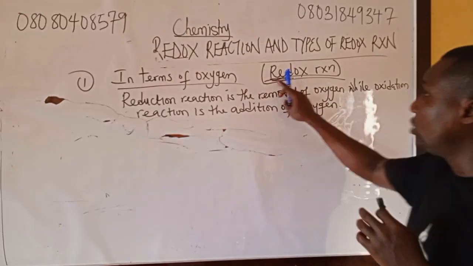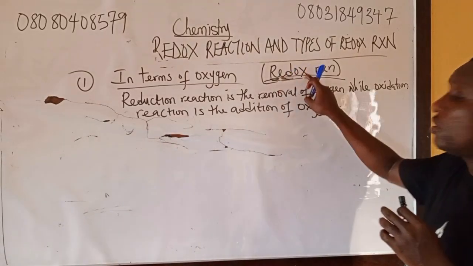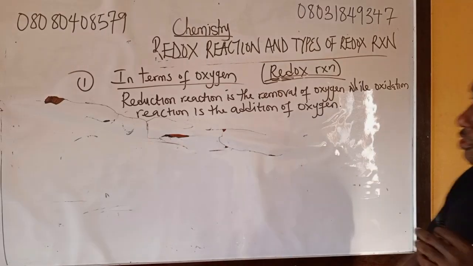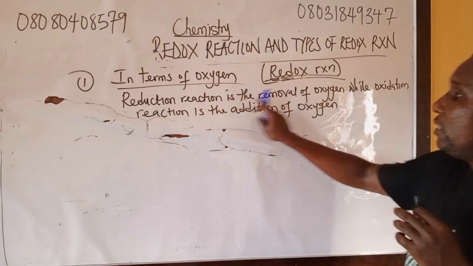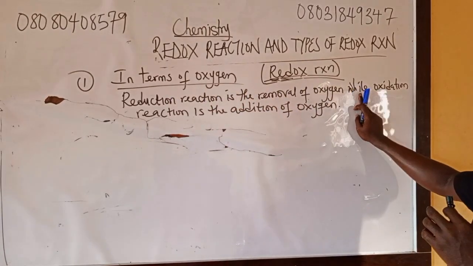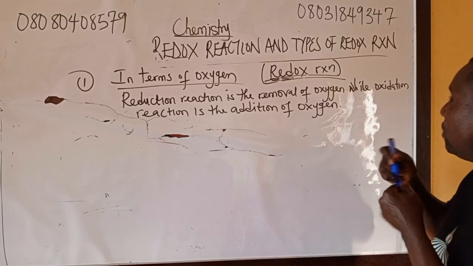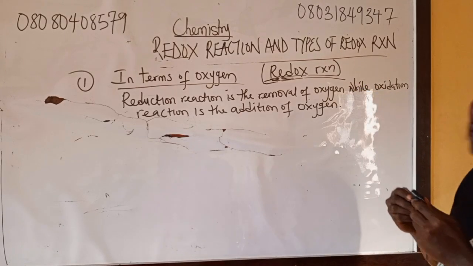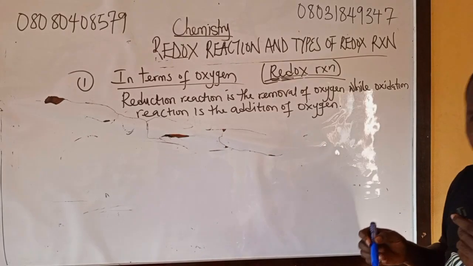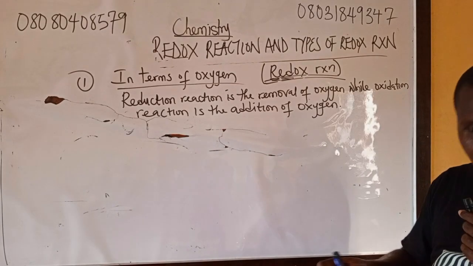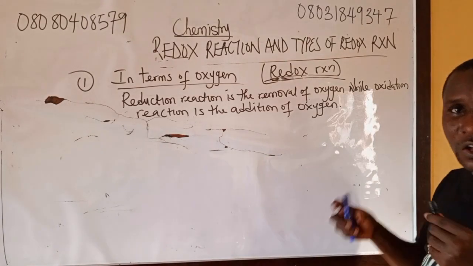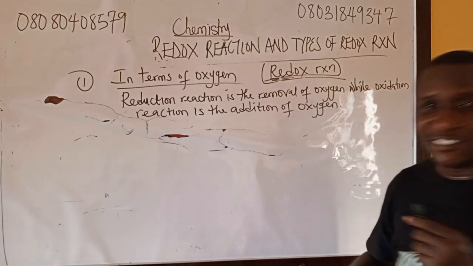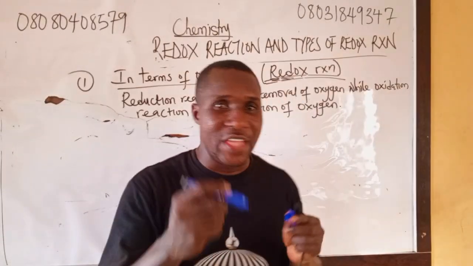I want to define redox reaction, that means reduction oxidation reaction, in terms of oxygen. Reduction reaction is the removal of oxygen. Oxidation reaction is the addition of oxygen. That means reduction removes oxygen, oxidation adds oxygen. Let me illustrate that with a chemical reaction.